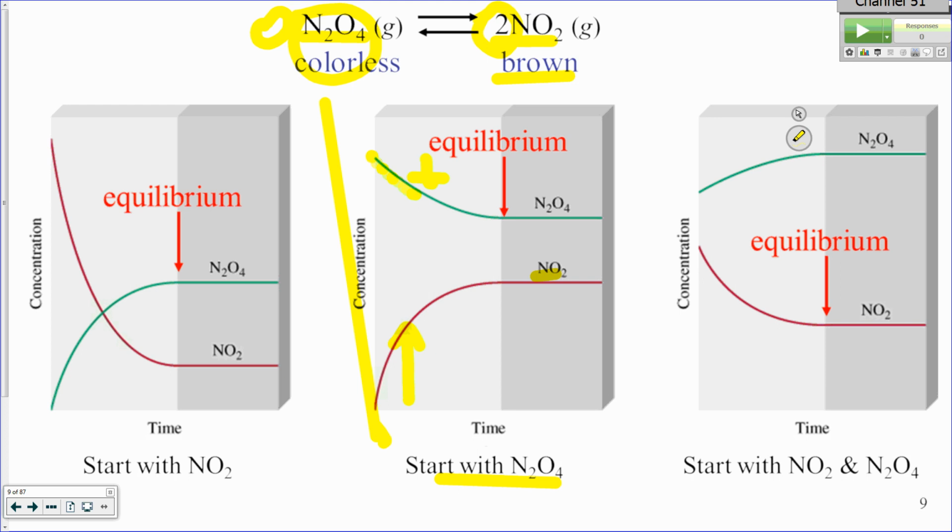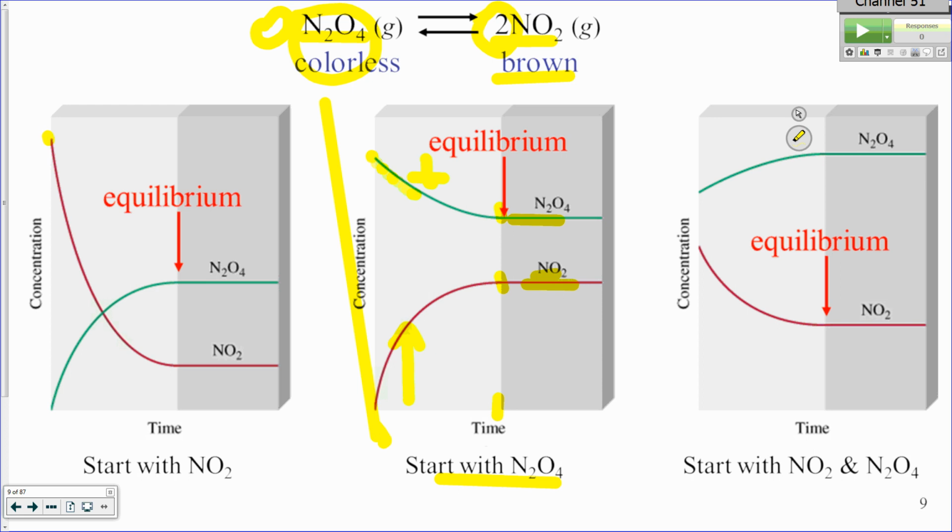But at some point in time, whatever that time is, the system reaches a point where the forward rate equals the reverse rate, and the concentrations don't change. Okay, that's the point of equilibrium, where concentrations don't change with time. Now, if I went and looked at the other side of the reaction, I'm going to start with the products.